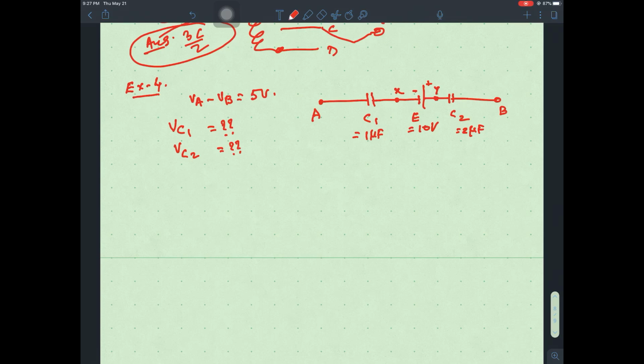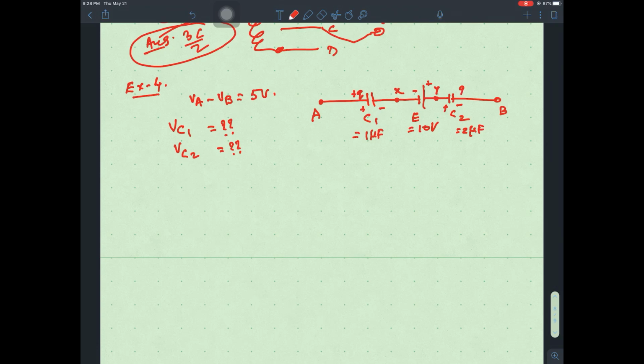Now this is one branch, so the charge will remain the same. If this is plus Q, then this will be the minus, and here it will be the plus, and it will be the minus.